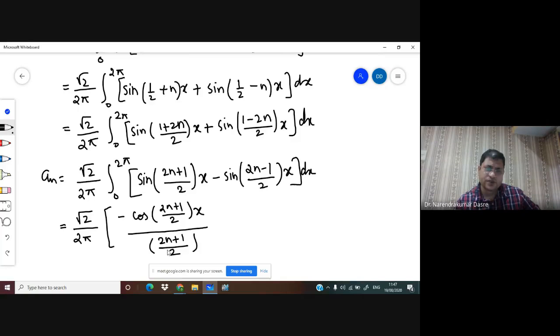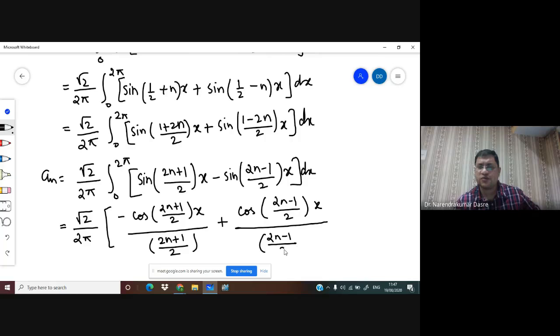Whatever the coefficient of x that we have to take here. This will be minus minus plus, and this term will be cos of 2n minus 1 by 2 x, and here we have this is 2n minus 1 by 2, and here we get this limits from 0 to 2 pi. Okay.